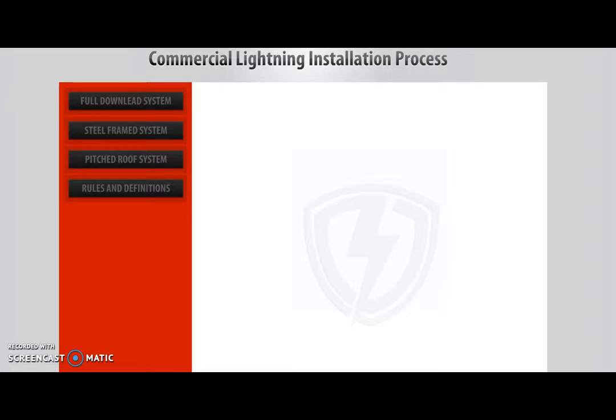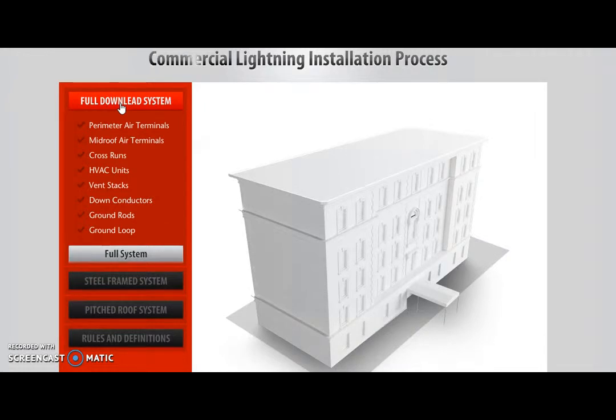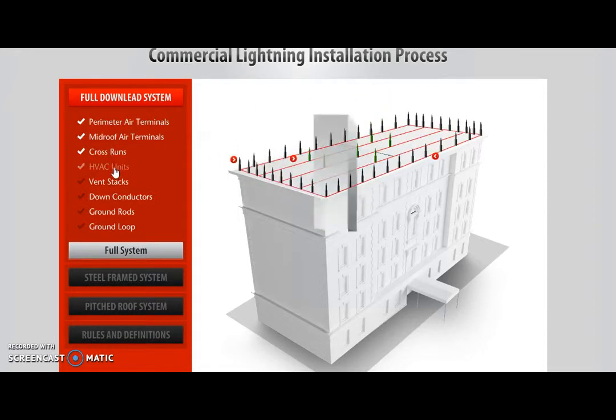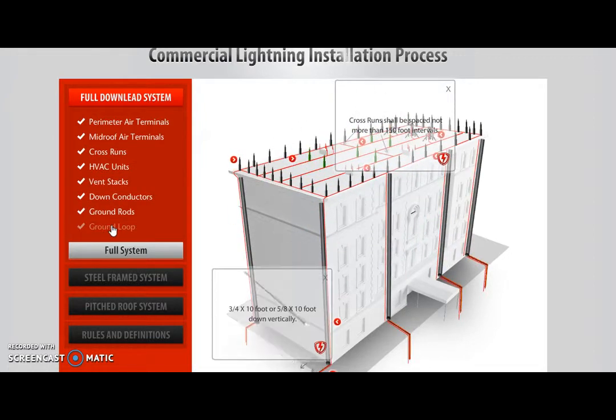To start the process off, it's very simple. We've got these three areas because this is just a list of basic rules and definitions of the terminology. But the full download system is first, and essentially, they can click on all of these, and they aren't typically going to click on all of them at once.